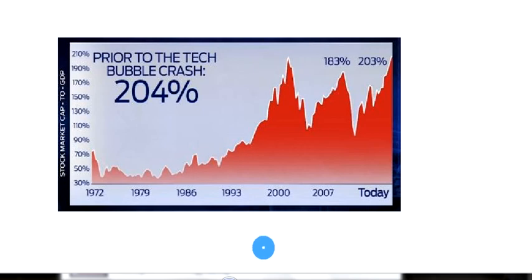This is the stock market cap to GDP ratio, and these are other times in our history. Right now, it's at 204%. At the top of the financial crisis, it was at 203%, and at the top of the .com bubble, it was 183%.